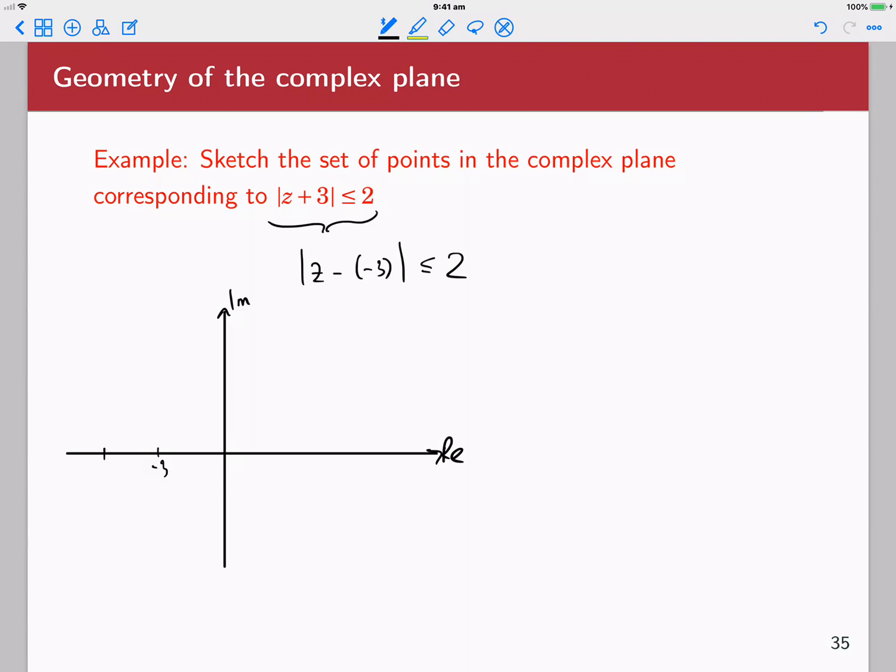So the distance to minus 3 is at most 2. If the distance to minus 3 was exactly 2, then you'd get a circle again, right? So you get a circle of radius 2 centered at minus 3. So this would be minus 1, and this guy here would be minus 5, right?